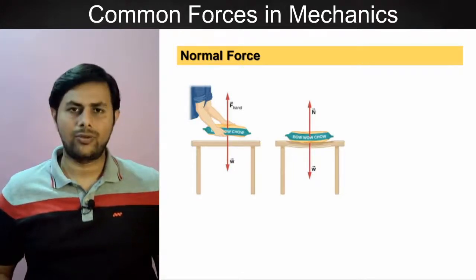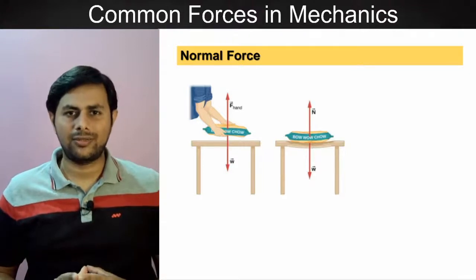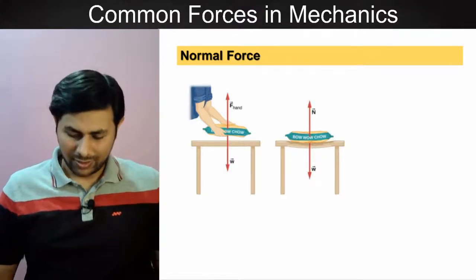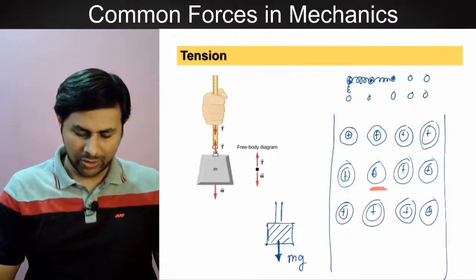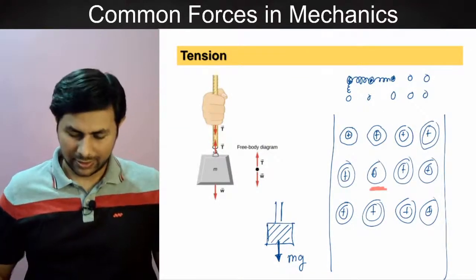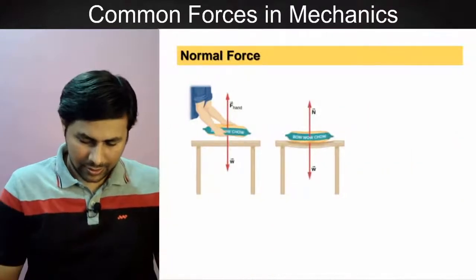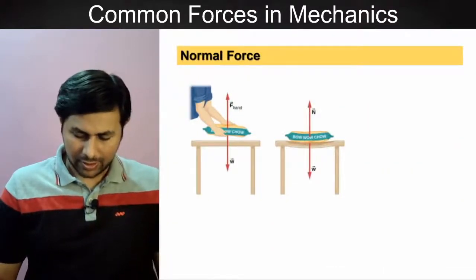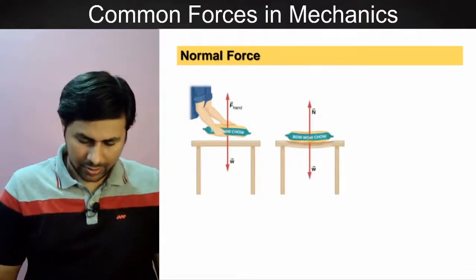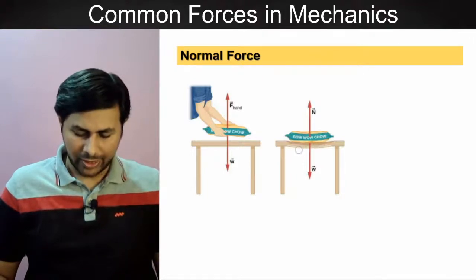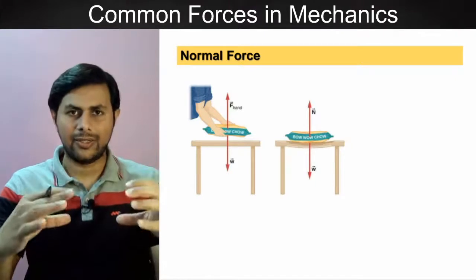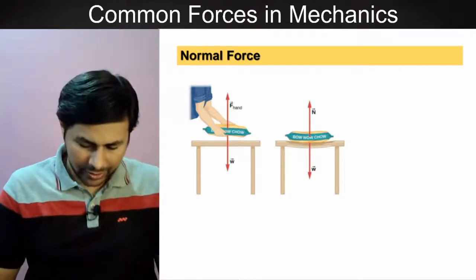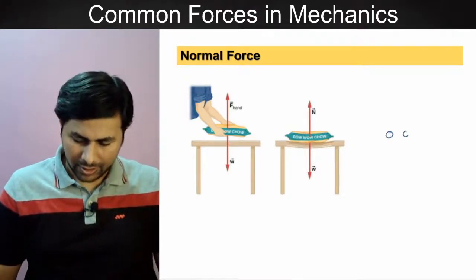And what could be the origin of normal reaction? If we consider our molecular model like this, at this point, due to the weight of this bag, the distance between molecules decreases. We talked about the molecular force.